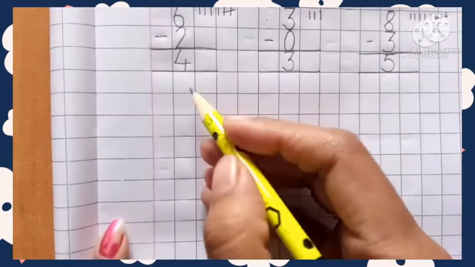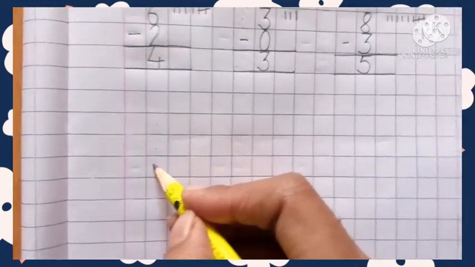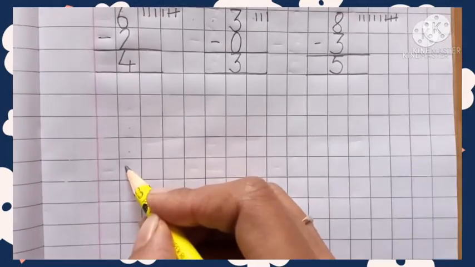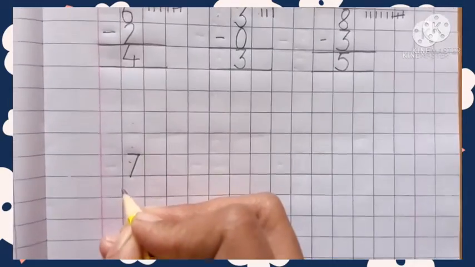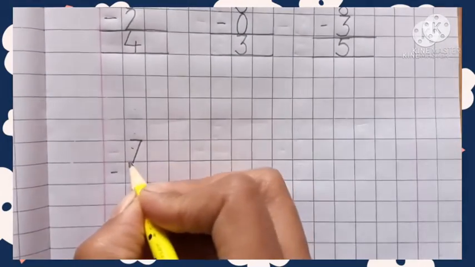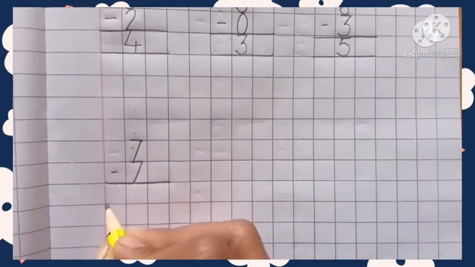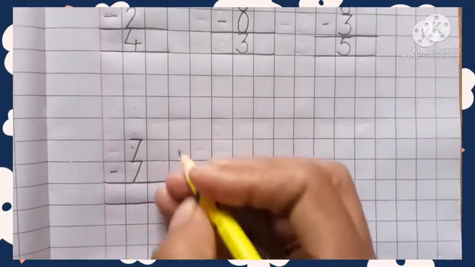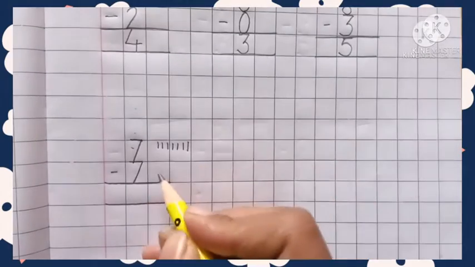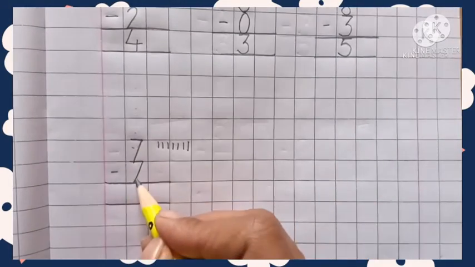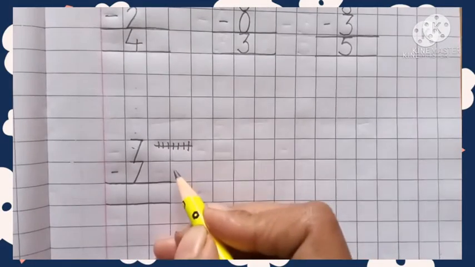Now leave 4 boxes from here also and start writing from here. 7 minus 7. Draw 7 lines, and 7 minus 7, we will cut 7 lines from here. How many are left?